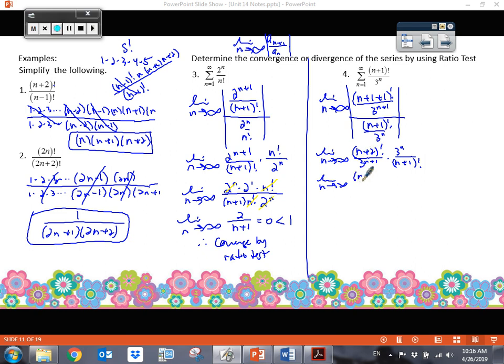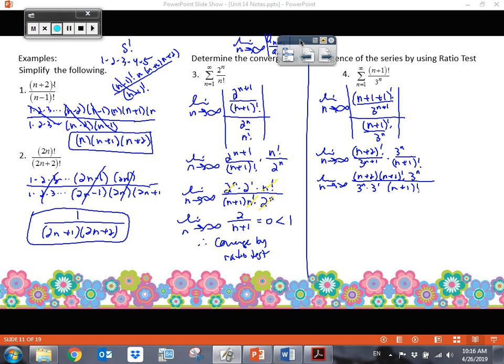So this is n plus 2 times n plus 1 factorial times 3 to the n over, if you recall, I'm going to go backwards with that, 3 to the n times 3 to the 1. And then I have my n plus 1 factorial. Okay, is everybody okay?